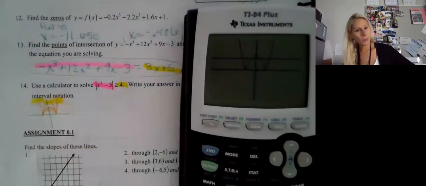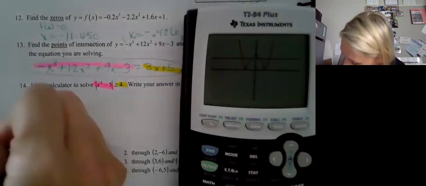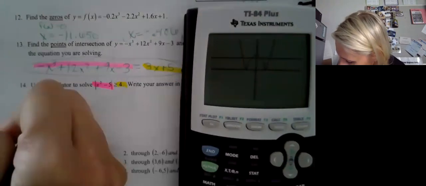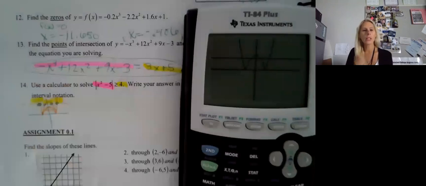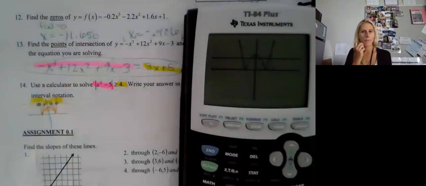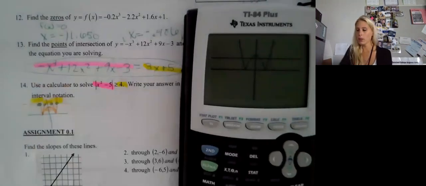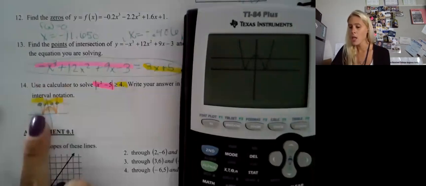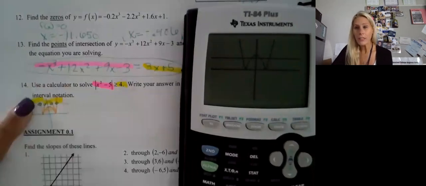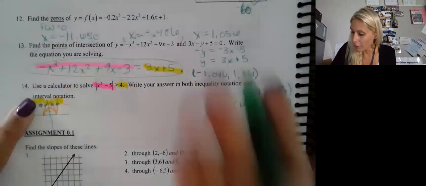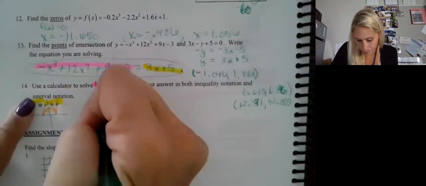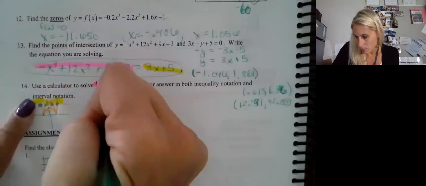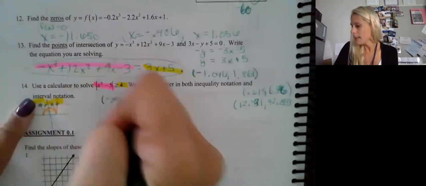What that also means is that I need to find out where these intersections are, because that will tell me the inequalities. So let's look at the farthest left. I know the farthest left will be negative infinity. And what's always around negative infinity? Parenthesis. Now, I'm going to do the intersection right there.